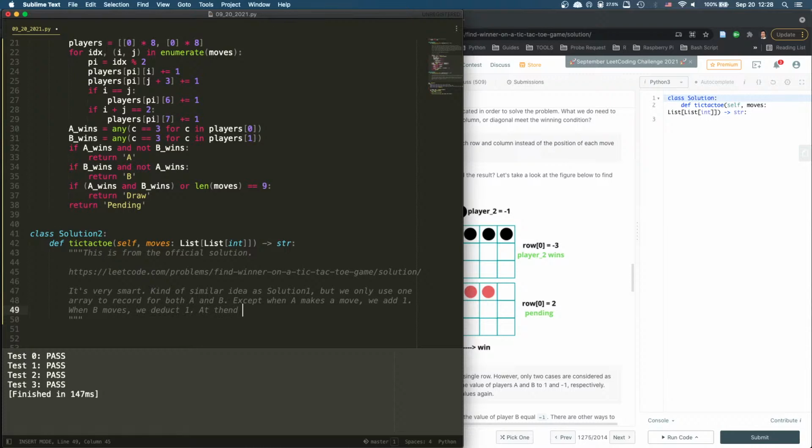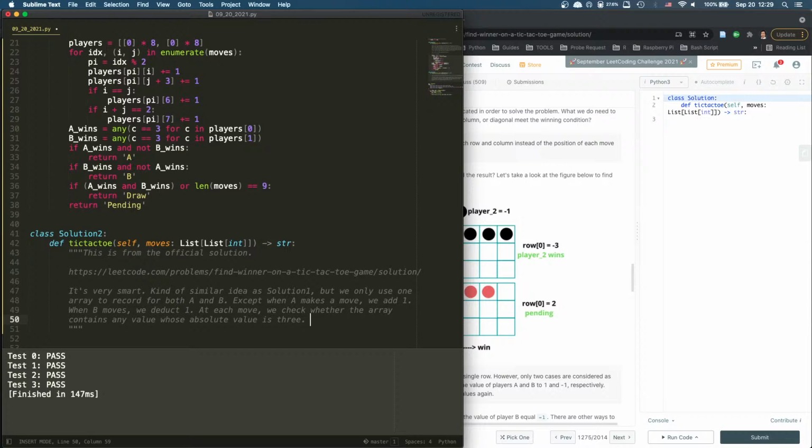So at the end, we check whether... it's actually not at the end, at each move, we check whether the array contains any 3s, any value whose absolute value is 3, right? And that would determine the winner.